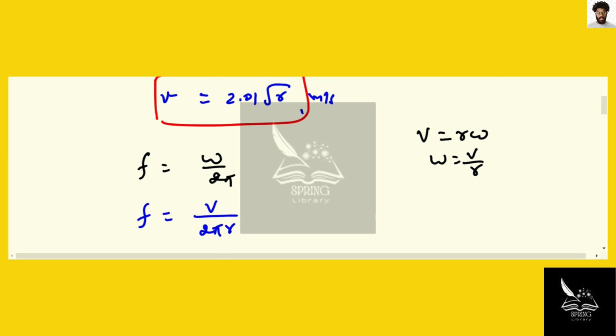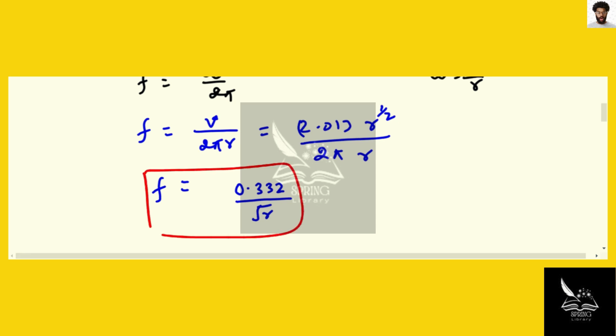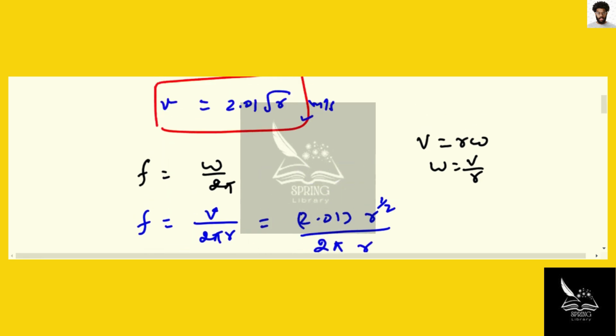Let us plug in the value of v: 2.01 r raised to the power 1 by 2, divided by 2 pi r. This will be equal to 0.332 divided by root r hertz. So this is the rotational frequency.